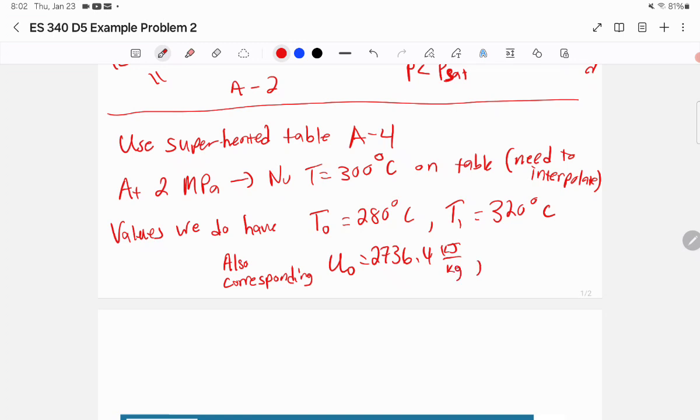So make sure that you actually go check the tables and verify that my numbers are correct. U1 is equal to 2807.9 kilojoules per kilogram, because this corresponds to T1. Now, how do I do the interpolation?